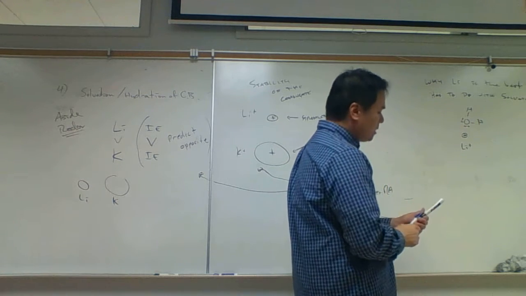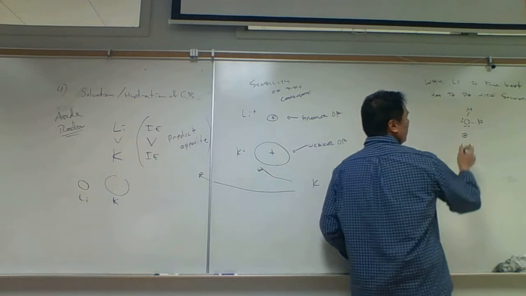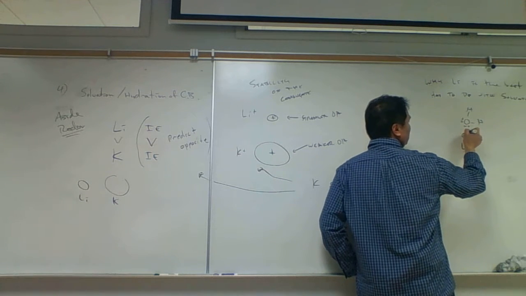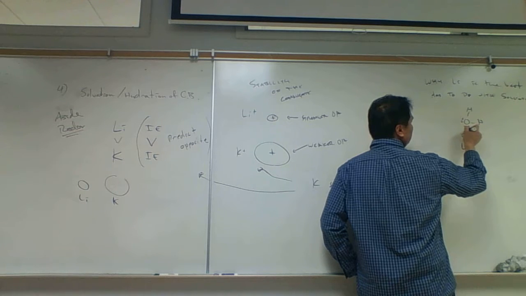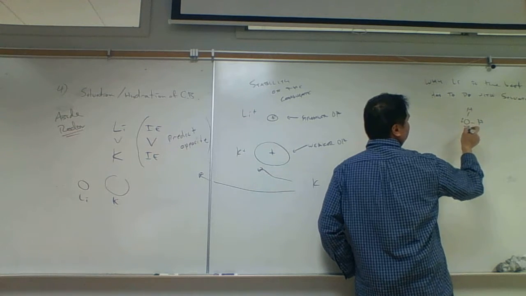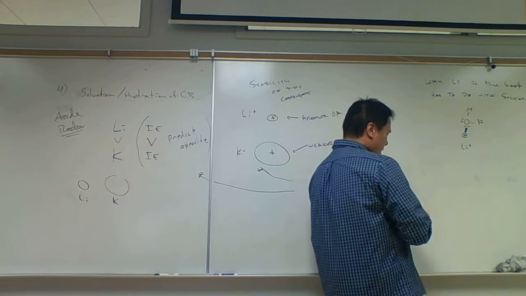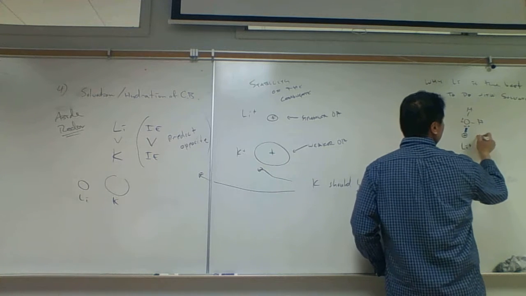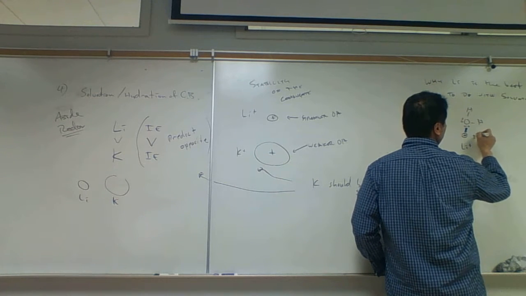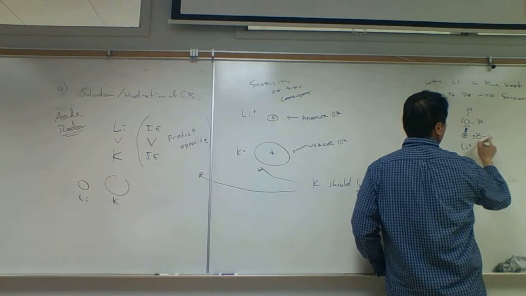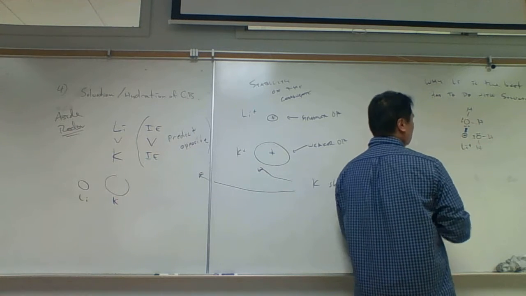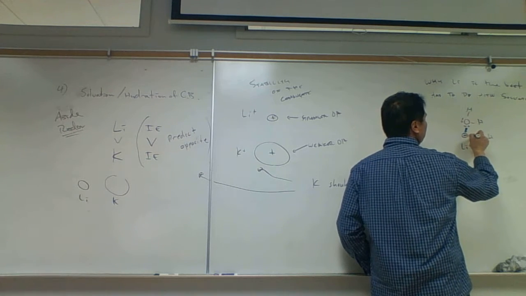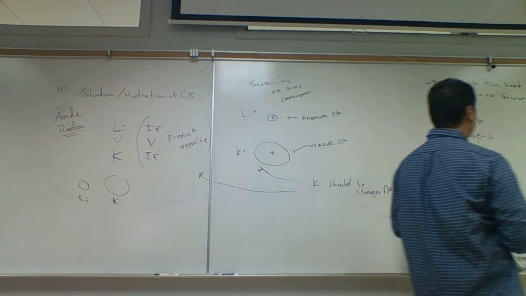When lithium becomes hydrated with water molecules, we get what's called an ion dipole attraction. These ion dipole attractions help stabilize the ion in solution. And we get fairly strong ion dipole attractions here because lithium is a small ion.